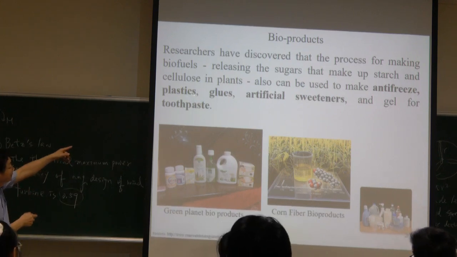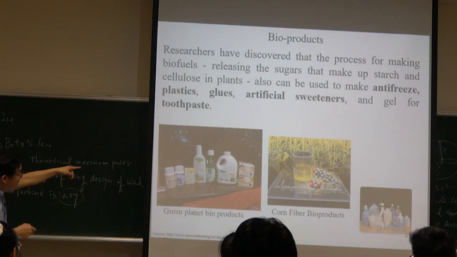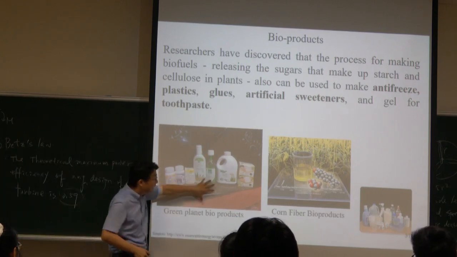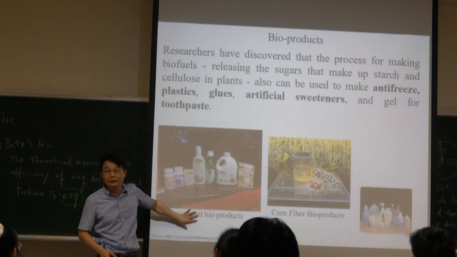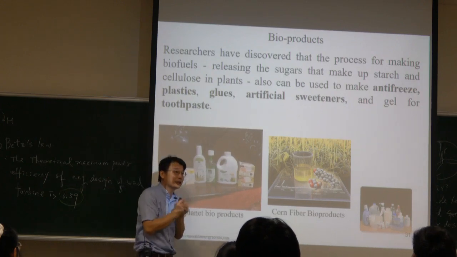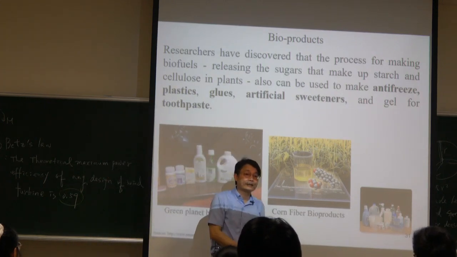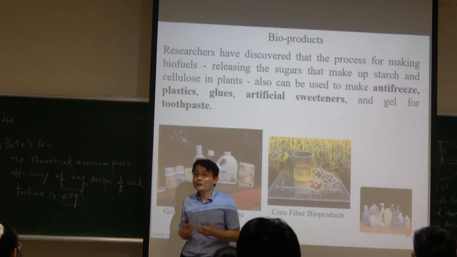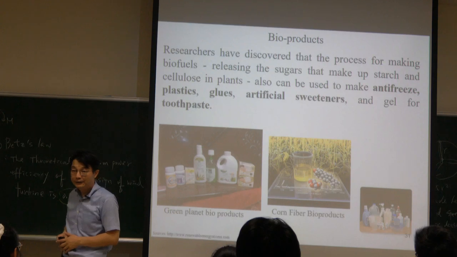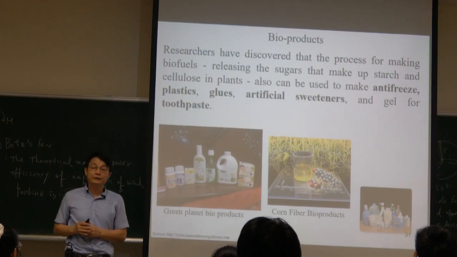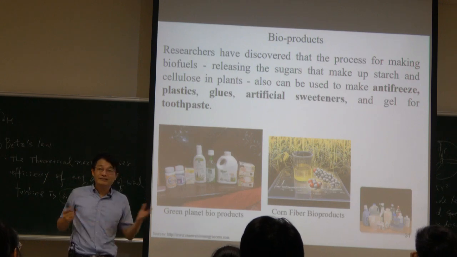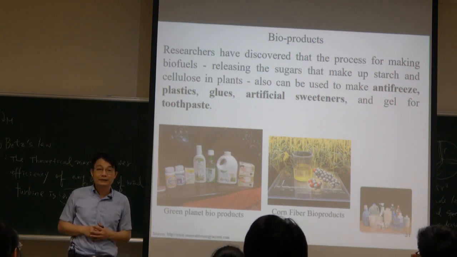For example, you can have plastic that is a byproduct of the biomass. This is very eco-friendly because it is produced from bio material, so once you throw it away, it is easy to dissociate in the soil. No worry, compared to the traditional fossil fuel byproducts such as plastic, which is hard to dissociate.